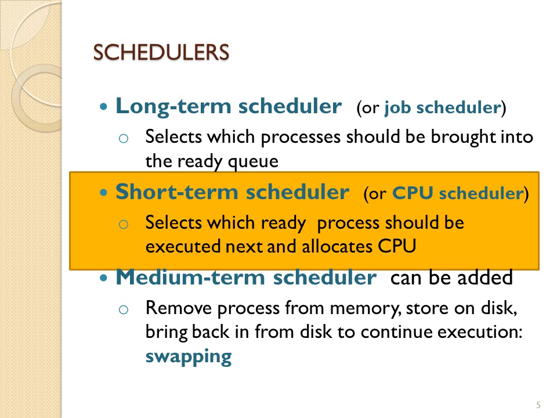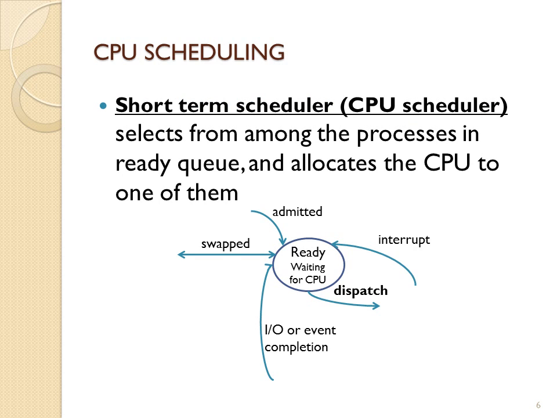In this unit, we will be talking about the short-term scheduler, or the CPU scheduler, and that is the scheduler that is putting the processes in order for the CPU, those that are waiting in the ready state to get on the CPU.